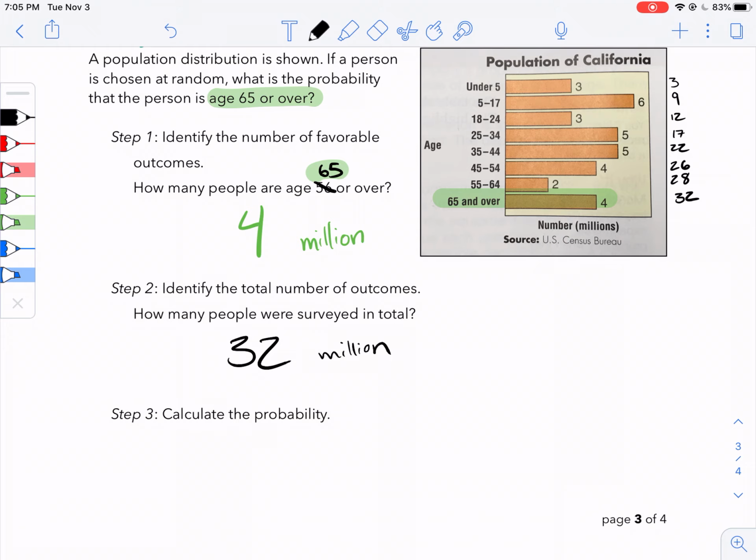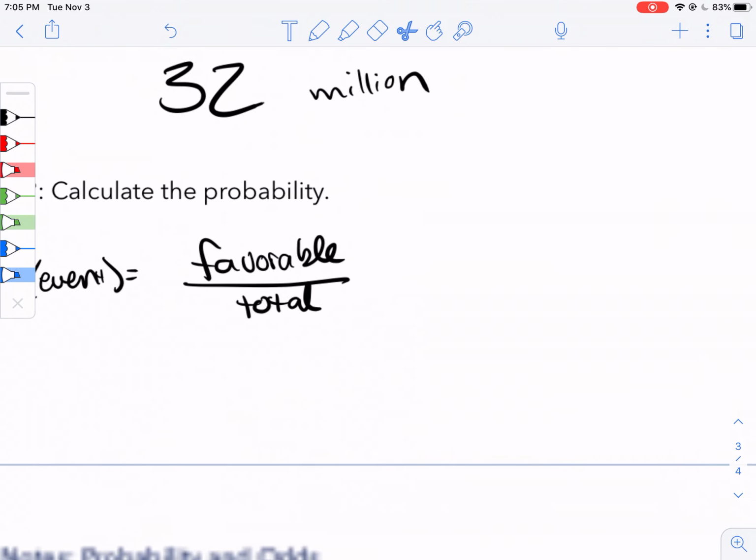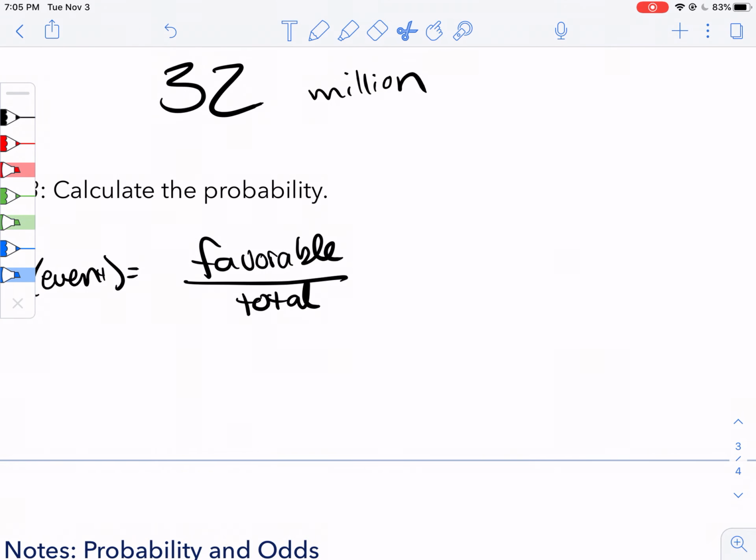And now we need to calculate the probability. We want to find the favorable over the total. So how many ways it can happen, what we want, which was 4 million, over the total, which was 32 million.